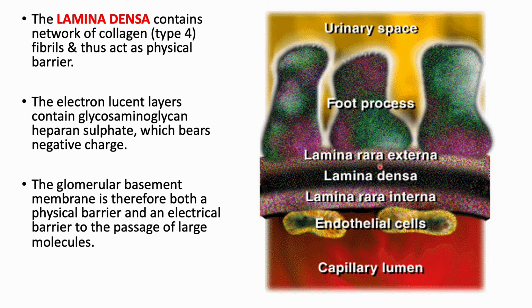The lamina densa contains a network of collagen type 4 fibrils and thus acts as a physical barrier. The electron lucent layers contain the glycosaminoglycan heparan sulfate, which bears a negative charge. So the glomerular membrane is therefore both a physical barrier and an electrical barrier to the passage of large molecules.